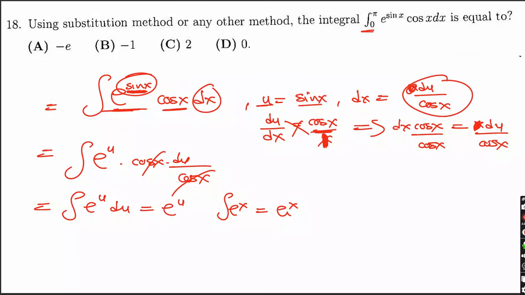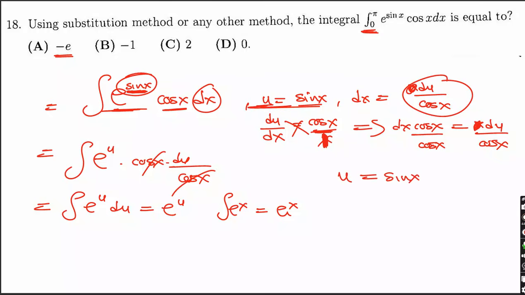But what we need to remember, with u substitution, is that we need to change the limits that we have been given. Before we apply the limits, we need to change them. If you go direct, you get the wrong answer. So you've already made an assumption that u is equal to sine x.